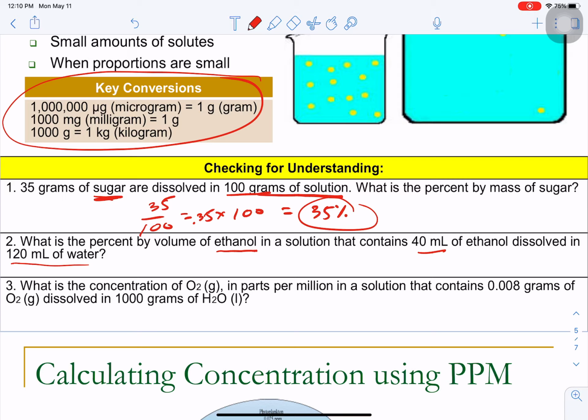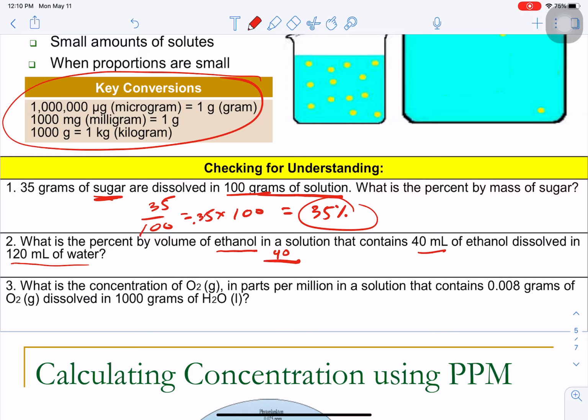Okay, it says what is the percent? So we're trying to solve for the percent. Let's set up our equation. We have 40 mils of ethanol dissolved in 120 mils of water. So if the ethanol is being dissolved, that is the solute. So that's our numerator. So 40 mils on top. Now, remember the denominator is the entire solution.